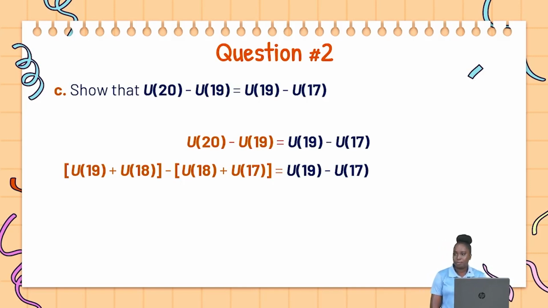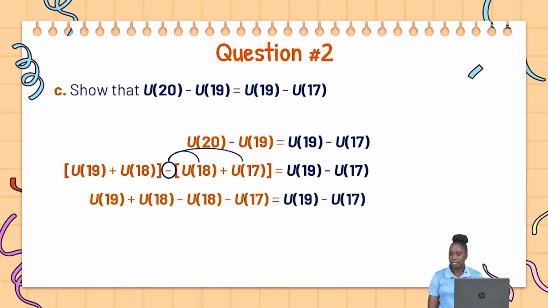And just like in algebra, the subtraction sign would have to be distributed to each part that is in the bracket. So that subtraction sign is going to be distributed to u of 18 and u of 17.